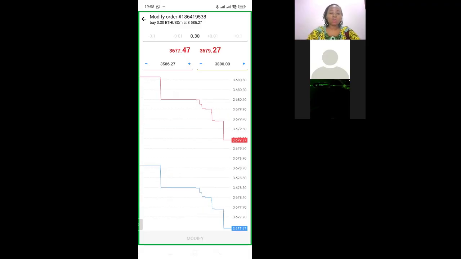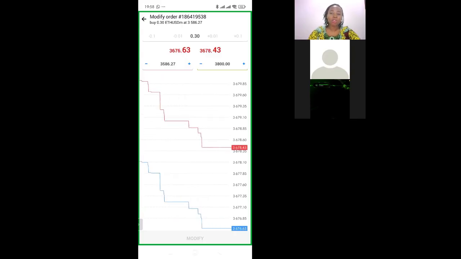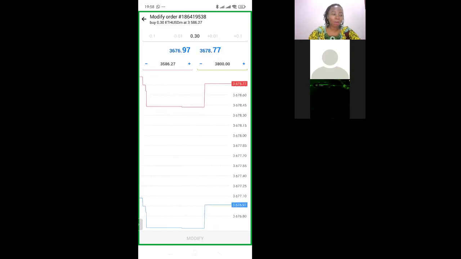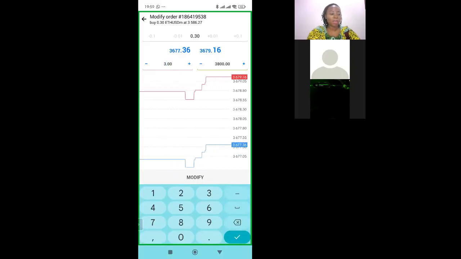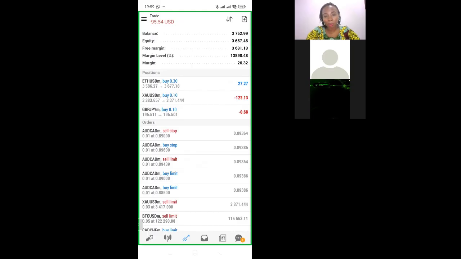If the market is moving downwards, in the case of a sell, you keep adjusting your stop loss downwards. What you're doing is securing a bit of the profits on your trade. So I can say this market has moved a bit, let me move it from 3586 to 3600. If this trade reverses to 3600, I'm not going to lose entirely. It kicks you out of the market with some dollars.